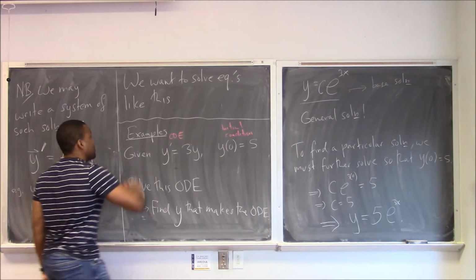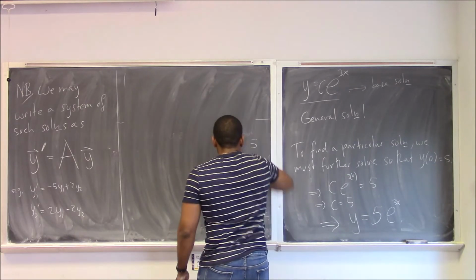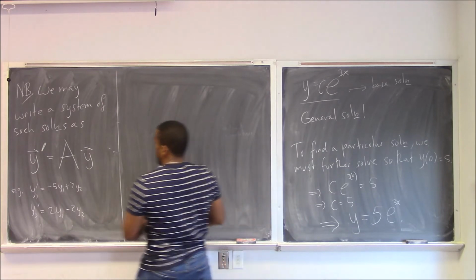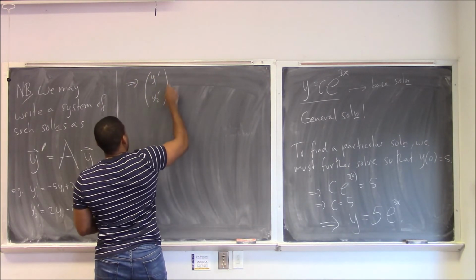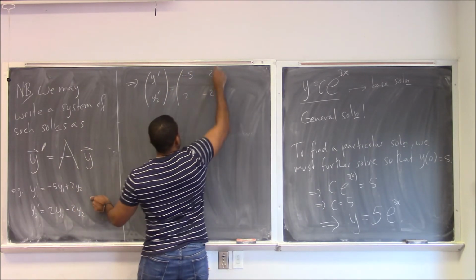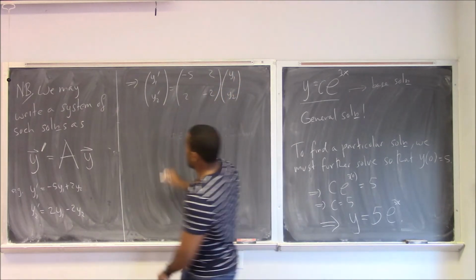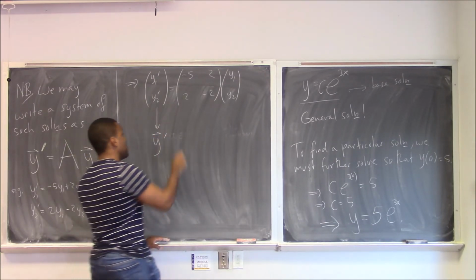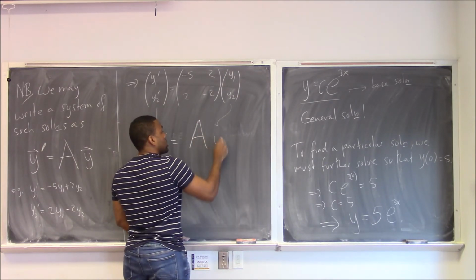I can write that using our idea from linear algebra. In the same way I write a system of regular linear equations in matrix form, I can write this in matrix form: y1 prime, y2 prime equals the matrix with rows minus 5, 2 and 2, minus 2, times y1, y2. In other words, I have a vector that contains my derivatives, this is the matrix of coefficients, and then the vector y.